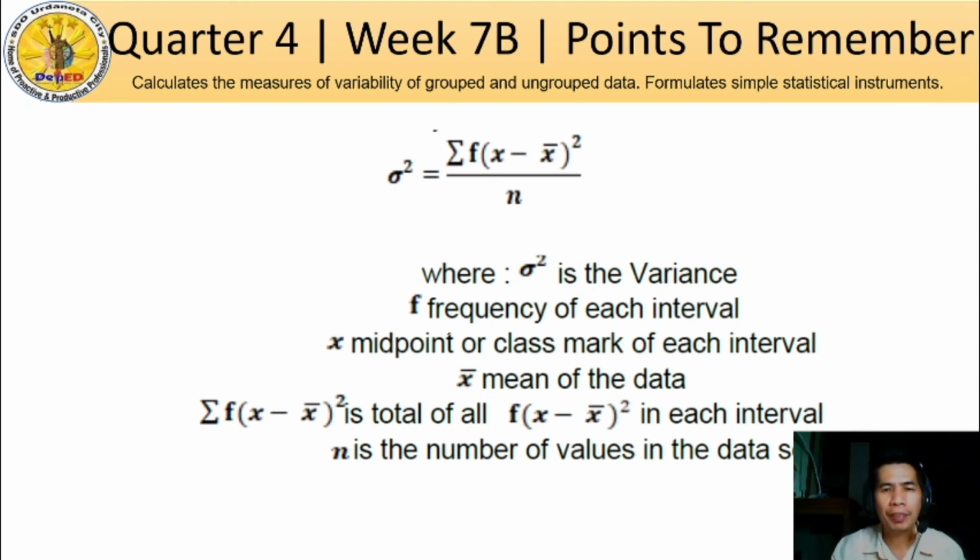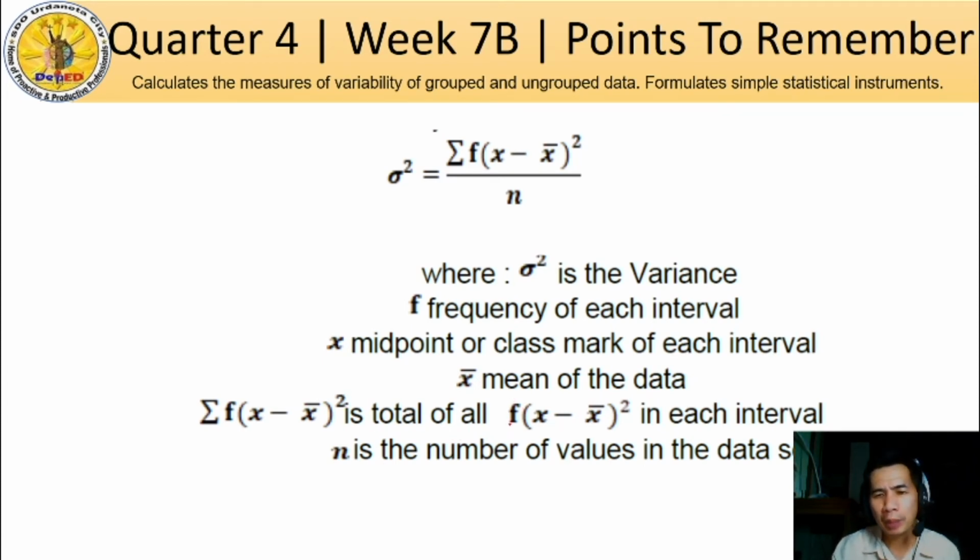Okay, then f is the frequency of each interval. x is the midpoint or class mark of each interval. Yung x bar natin is the mean of the data. So, ito yung summation naman. Summation of f times the midpoint minus the mean. Yung naka-square is the total of all.